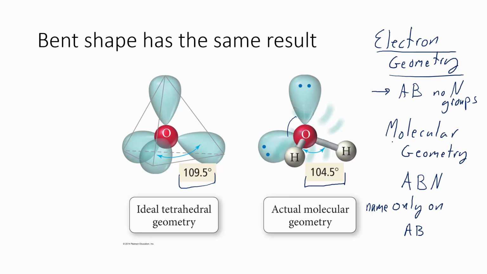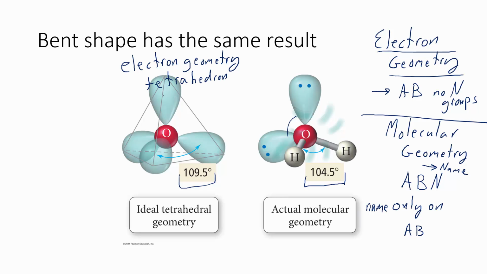Now the thing to remember is the molecular geometry gives us the name. The electron geometry gives us the base shape. So water has an electron geometry, when we consider all the electrons, lone pairs, whatever else we have there, of a tetrahedral. Lone pairs, hydrogens, that's its electron geometry, including everything there.